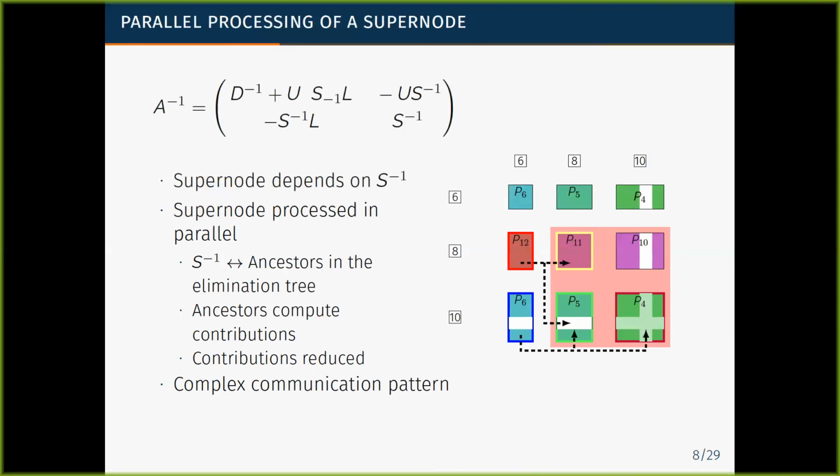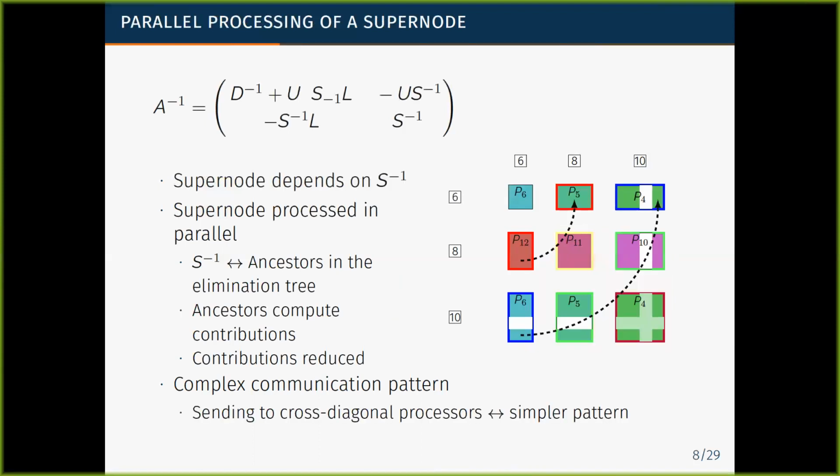Since most of the time we are dealing with symmetric matrices, if we were to exploit that symmetry, the communication pattern would be complex, as shown here. So in the first implementation of the parallel selected inversion, we decided to simplify this by using non-symmetric storage, where we were overwriting the upper triangular part of the matrix by the transpose of the lower triangular part, by sending to cross-diagonal processors.